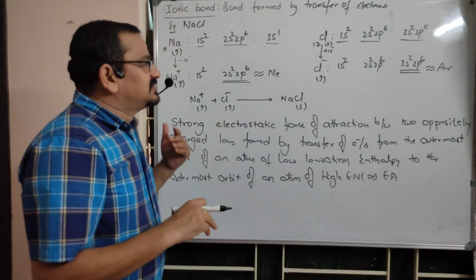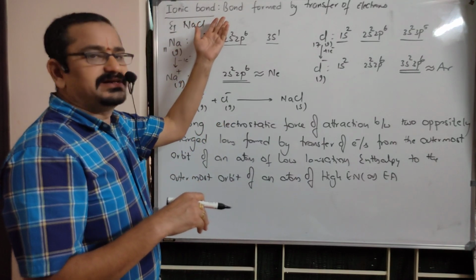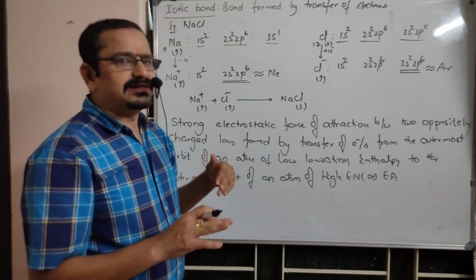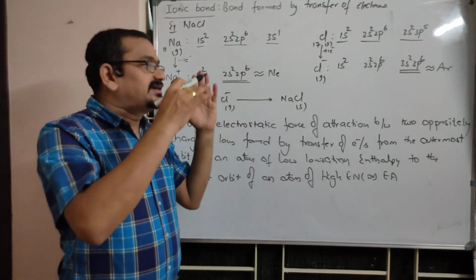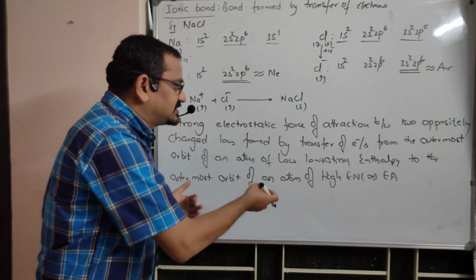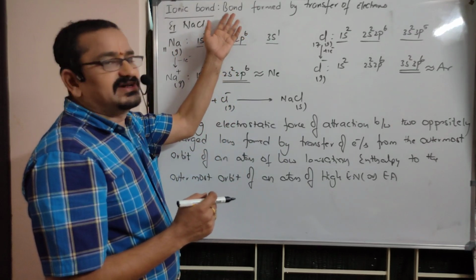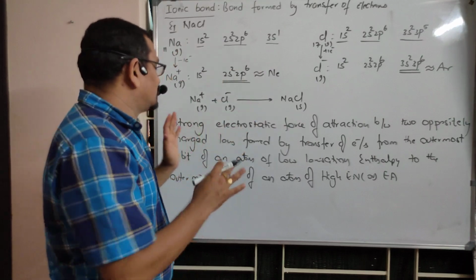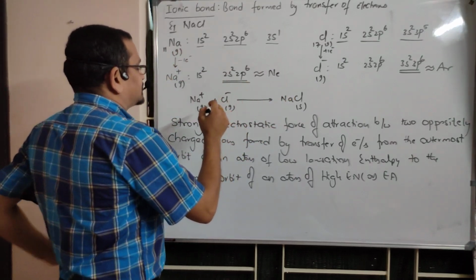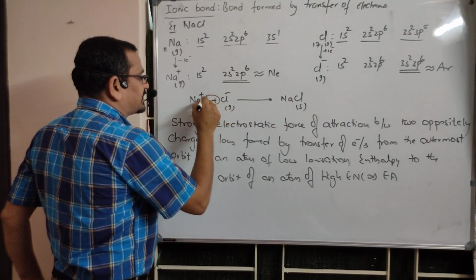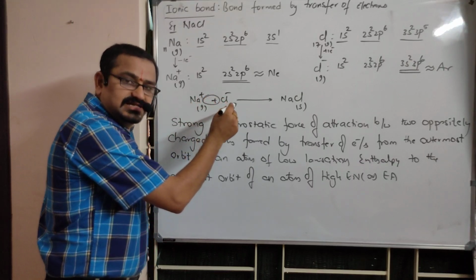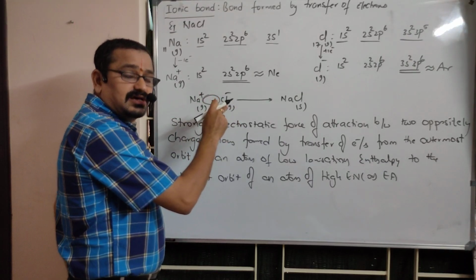Otherwise, if students learned this definition in class 10th, bond formed by transfer of electrons, that definition is not enough. When this much concept is involved in defining ionic bond, how can we be satisfied with this small definition? So what's the complete definition? The strong electrostatic force of attraction between two oppositely charged ions. How are these ions formed?